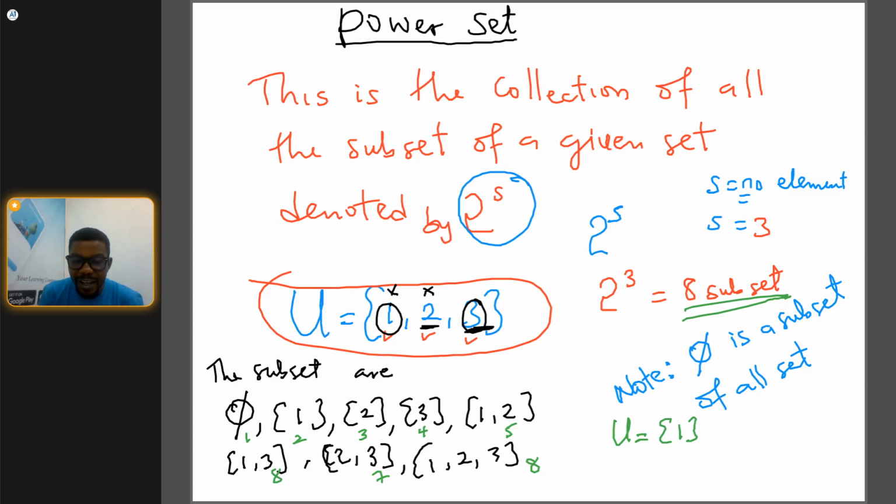Can you mention those 2 subsets? What will be the first one and what will be the second one? Waiting for your response in the chat box.